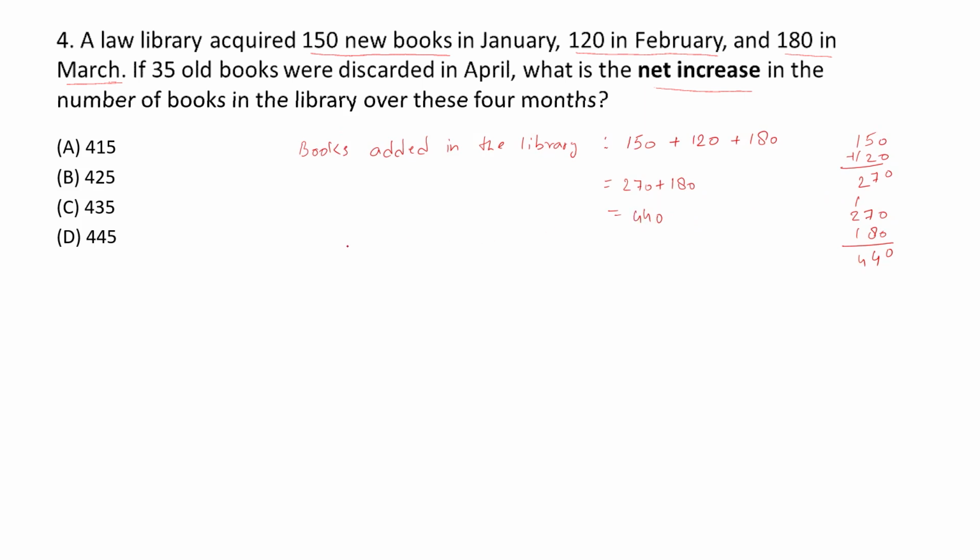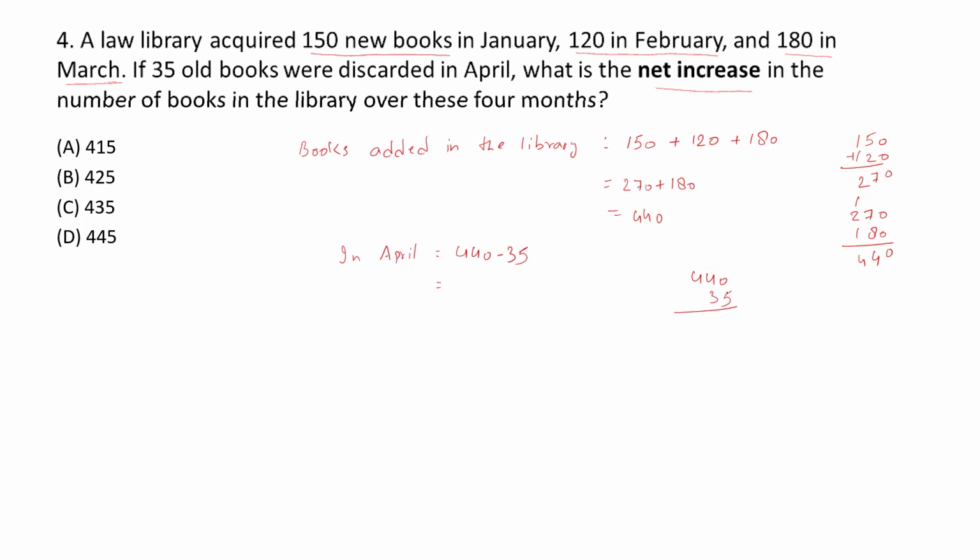Right? But in April, what happened? They did 440 minus 35. Why did they do so? Because 35 old books were discarded. So old books they have discarded, so you have to subtract that. So 440 minus 35.